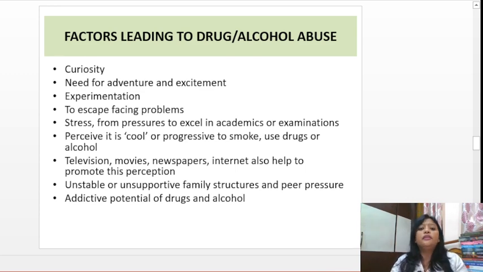They think that if they do this, they can show themselves as more advanced or more progressive, which is again not true. Also, there's a very big role played by media like television, movies, newspapers and the internet.